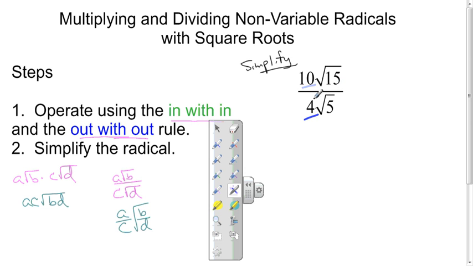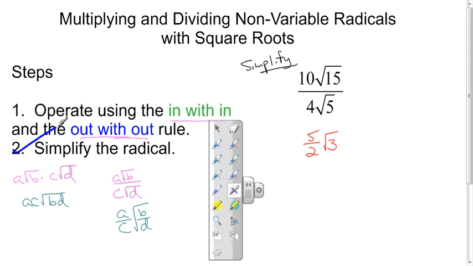We see that 10 and 4 are both on the outer part of this, so I will do 10 divided by 4, which is just a fraction that needs to be simplified to 5 halves. And then we see the matching parts on the inside are 15 and 5, and it's division, so I can do 15 divided by 5 and call that root 3. And that is a check for doing the in within and the out without rule.